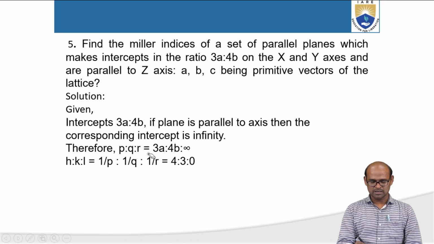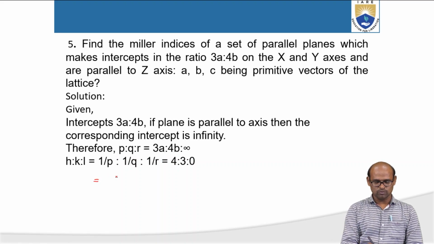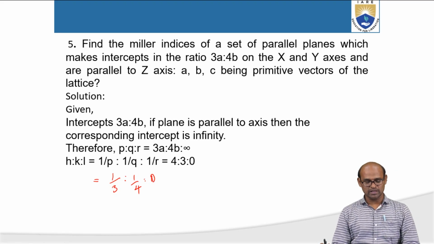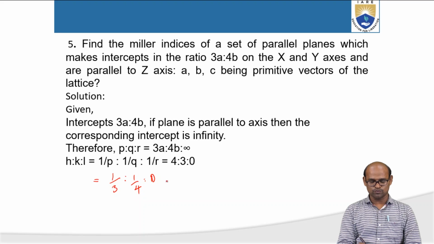The reciprocals are 1 by p is 1 by 3, 1 by q is 1 by 4, and 1 by infinity is 0. Because there are fractions, we multiply with the least common denominator, which is 12. So for the first we get 4, for the second we get 3, and for the third 0.